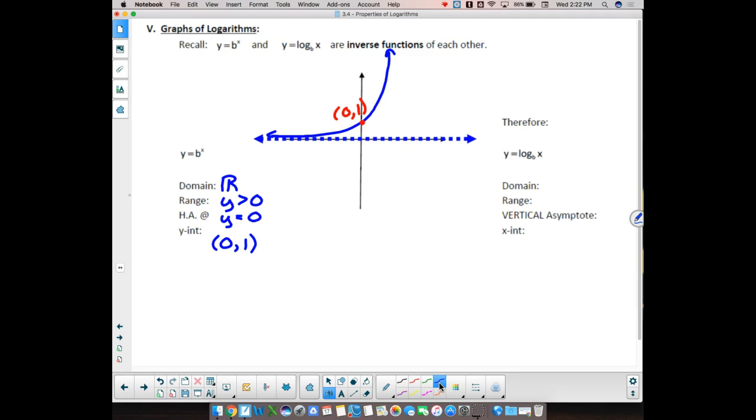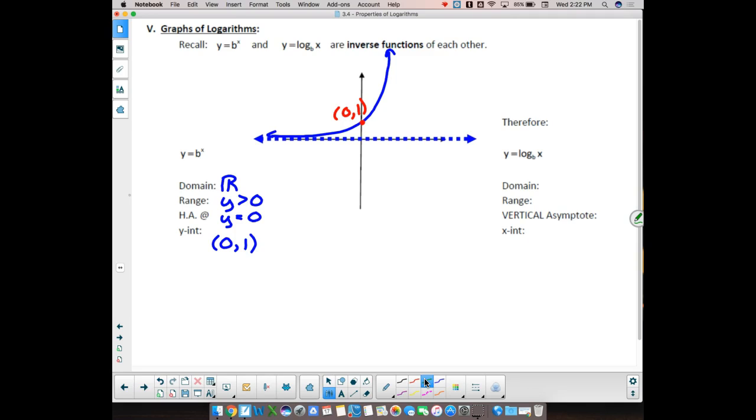Okay? So, if my log function is truly an inverse, what would the domain, range, vertical asymptote and x-intercept be of them? What would the domain be?